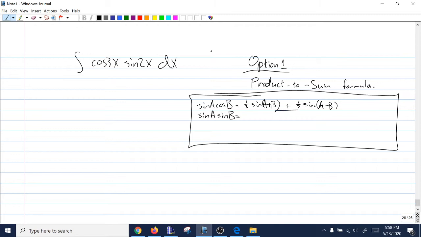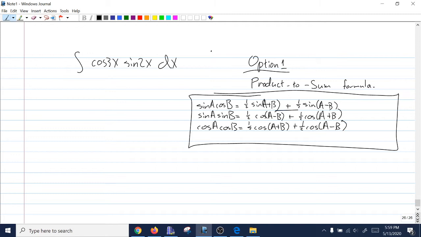Sine A sine B is 1/2 cosine A minus B plus 1/2 cosine A plus B. If you have cosine A cosine B, that can become 1/2 cosine A plus B plus 1/2 cosine A minus B.